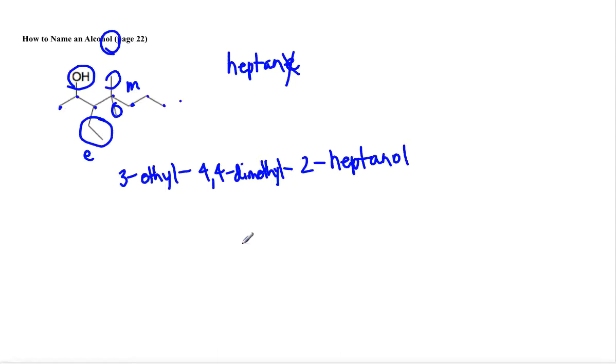So 3 ethyl, 4 dimethyl, 2 heptanol. To identify whether this is primary, secondary, or tertiary, I look at the carbon holding the OH, and I count how many carbons it has attached to it. So this is a secondary alcohol. So at this stage, you can complete the exercises on page 22 and 23.